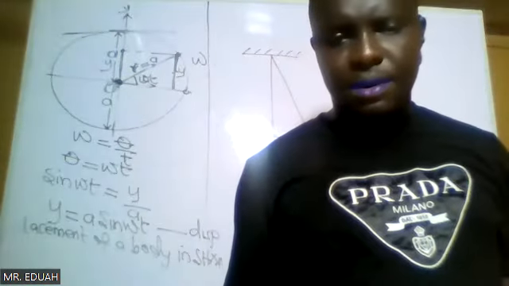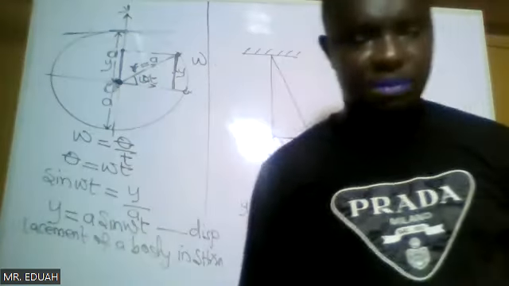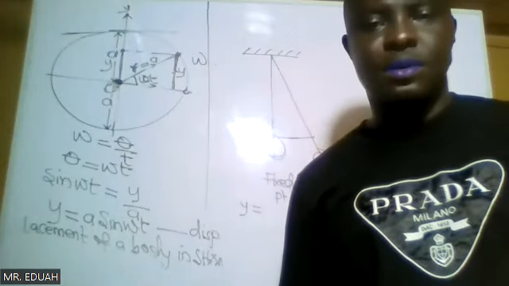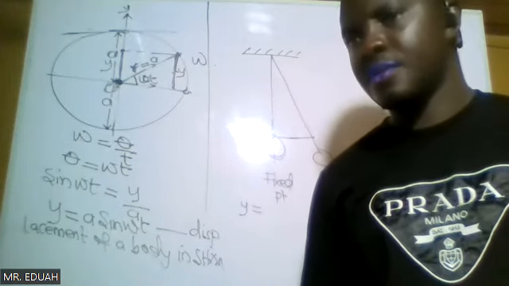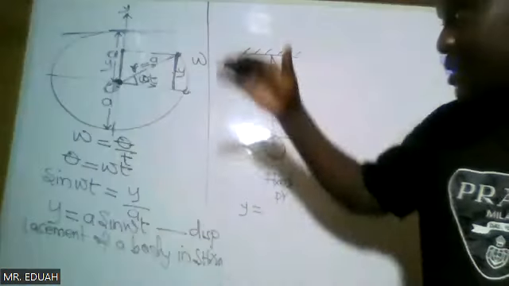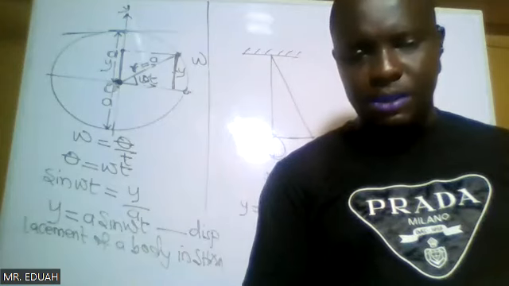Deborah, try. Mr. Edu, please. I think when it's at the extreme, the displacement is equal to the radius. It's equal to the amplitude. The amplitude is the maximum displacement.